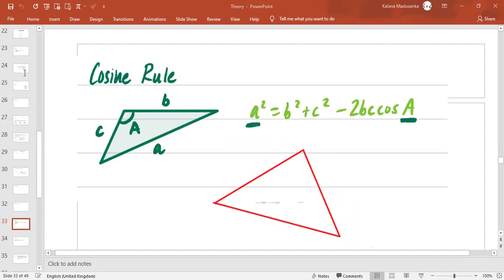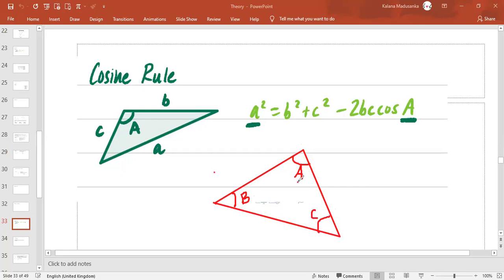Before applying the cosine rule, you should always denote the sides and the angles in a specific way, okay? Now you can see here, angles can be given by capital A, right? This is capital A angle. This is capital B angle and capital C angle.